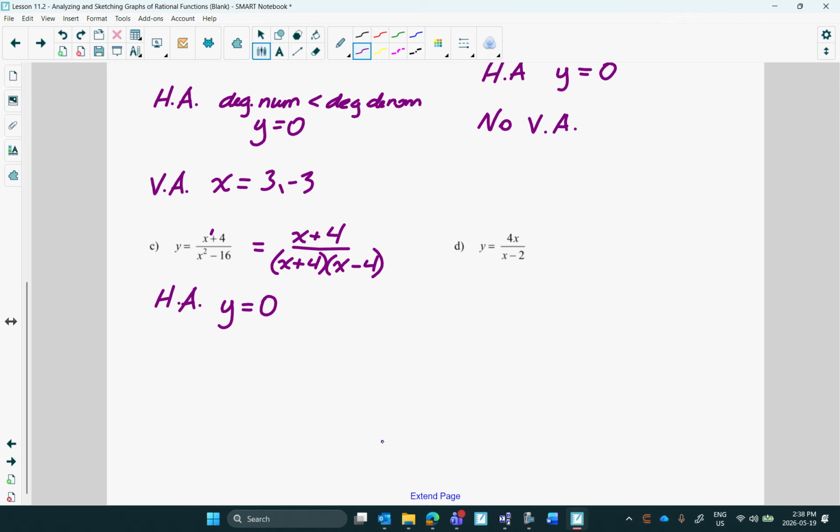What happens? A hole. A hole at where? Not plus 4. A hole at whatever makes this 0, -4. So there's a hole at x equals -4 because I can cancel those, but there's still a vertical asymptote at x equals 4.